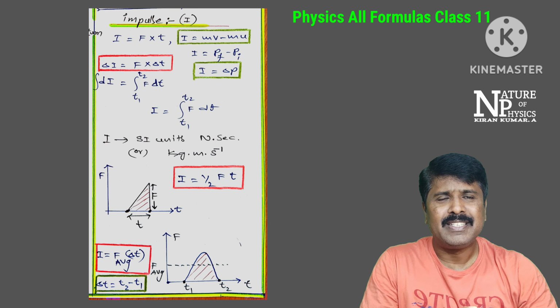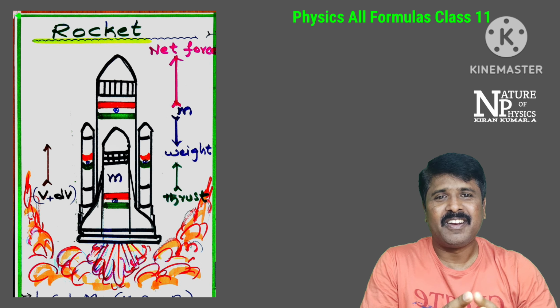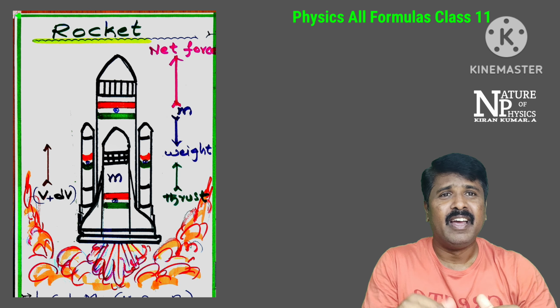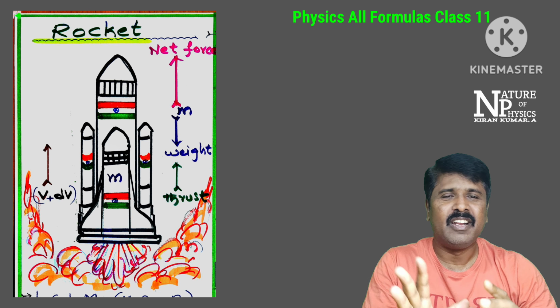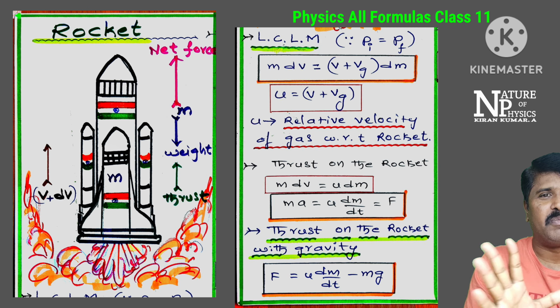And then impulse diagram and impulse graph and impulse formulas clearly given. Then finally we got the rocket also, net force acting on the rocket, downward direction weight, and thrust acting upward direction, perfect formulas given for the rocket.